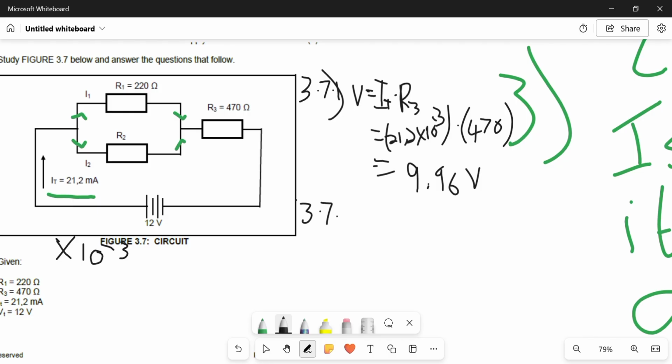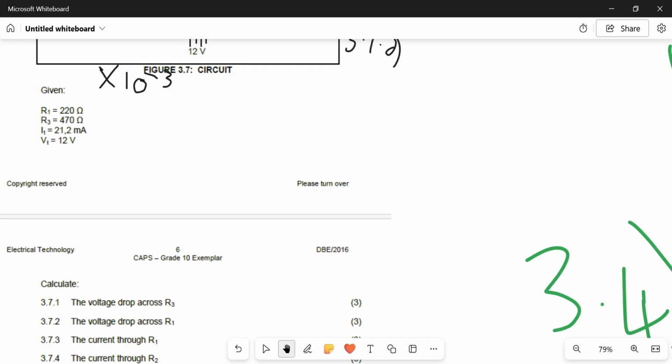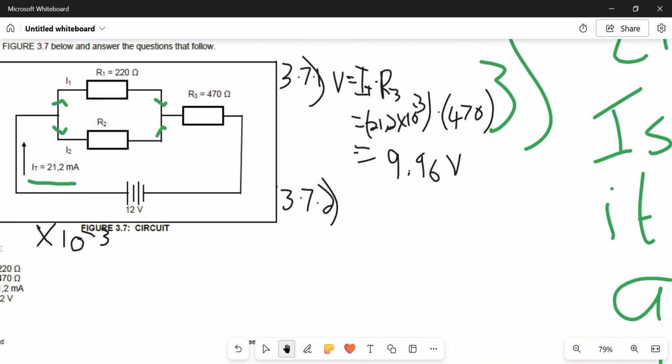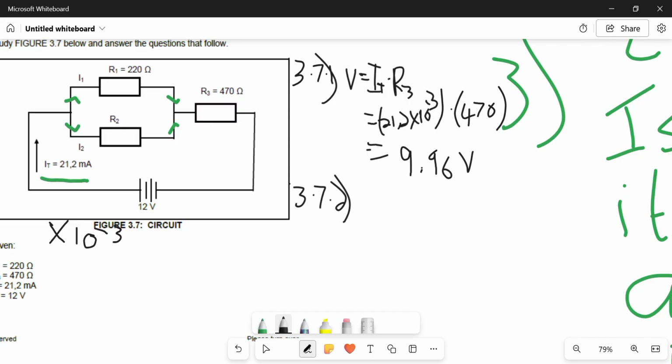Okay, so 3.7.2. They say calculate the voltage drop across R1. Remember, the voltage drop across R1 equals the voltage drop across R2. So we're looking for the V parallel.